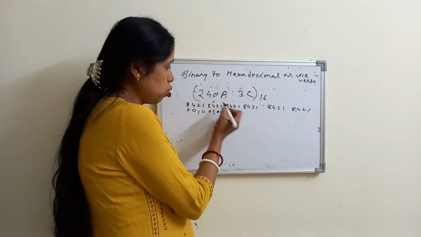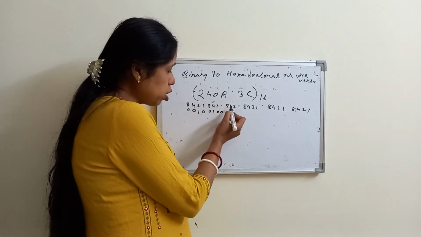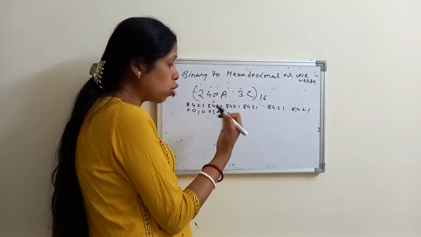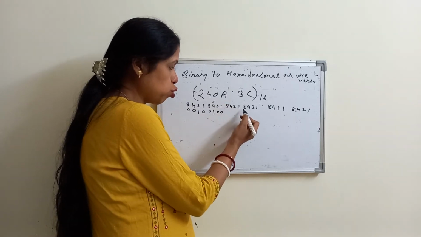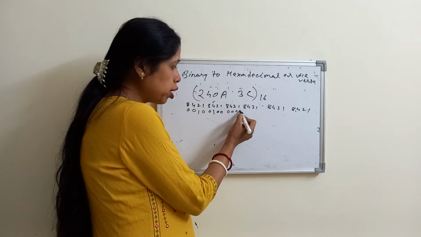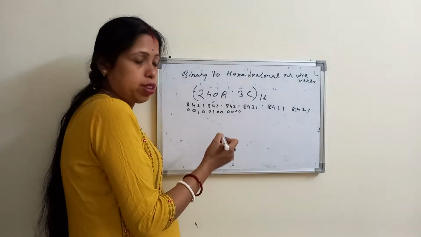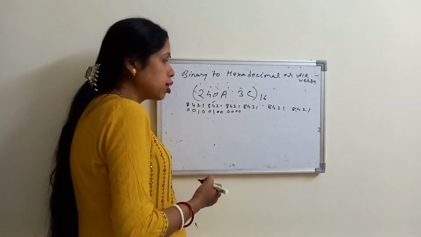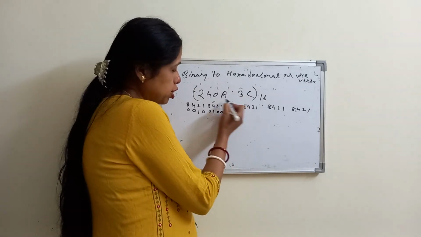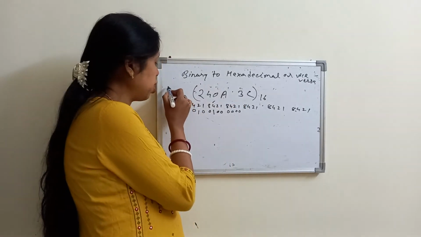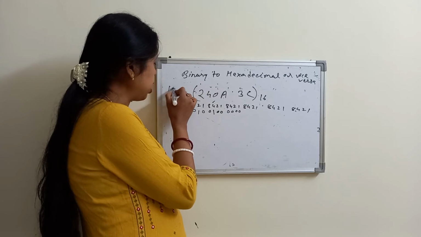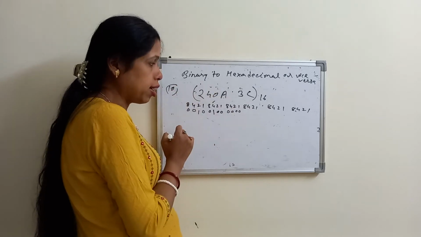Now coming to 0. You will not get 0 from this 8421 unless all the bits are 0. You cannot choose any number, so all the bits should be 0. And how will we get 10? A means 10, right?